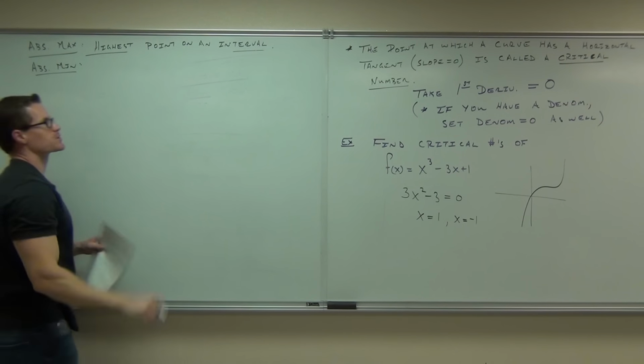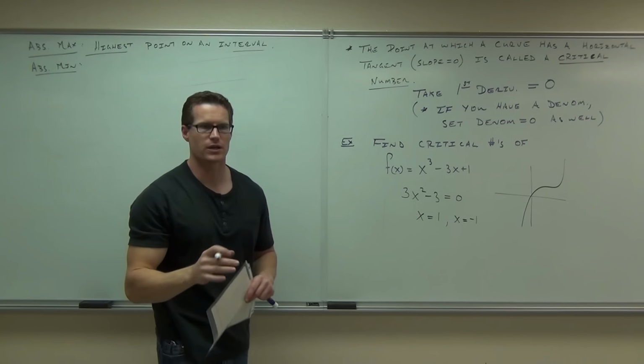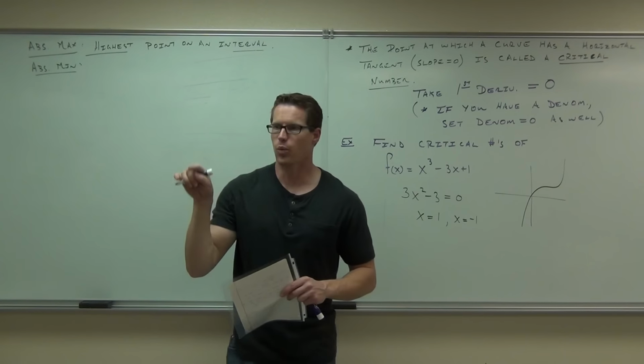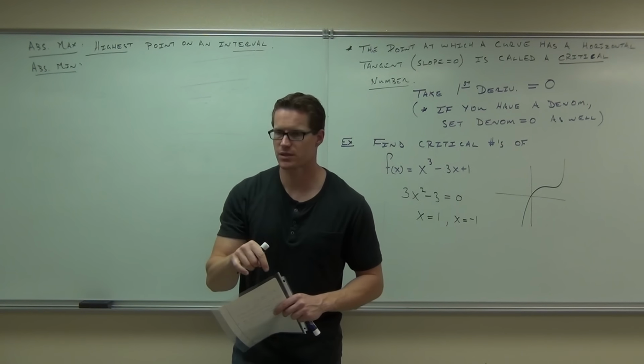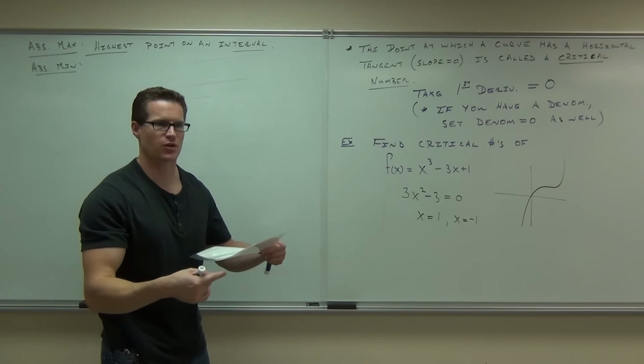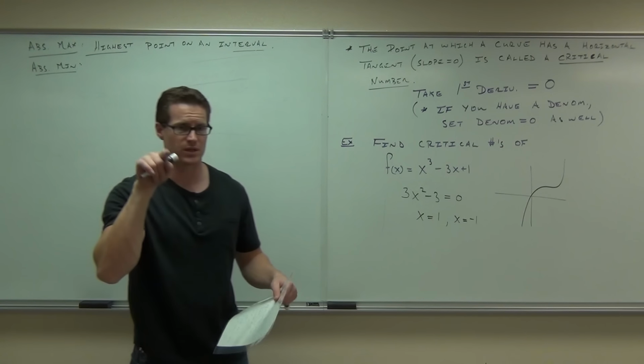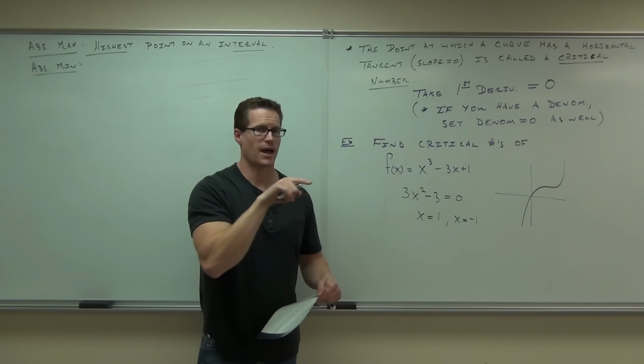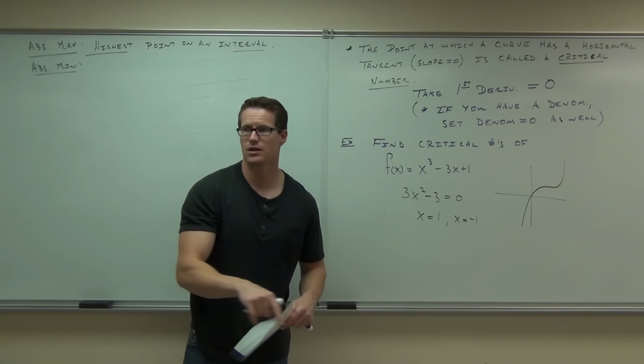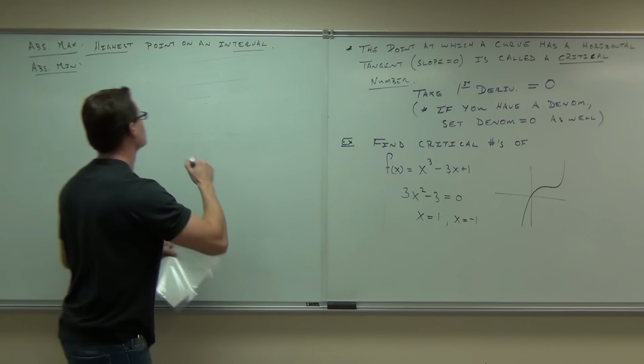Well, then the absolute min means the lowest point on an interval as well. Not one of the low points, the lowest. That's how absolute differentiates from the relative. Relative could be, well, there's a few low points. Absolute min means the lowest. Absolute max means the highest.